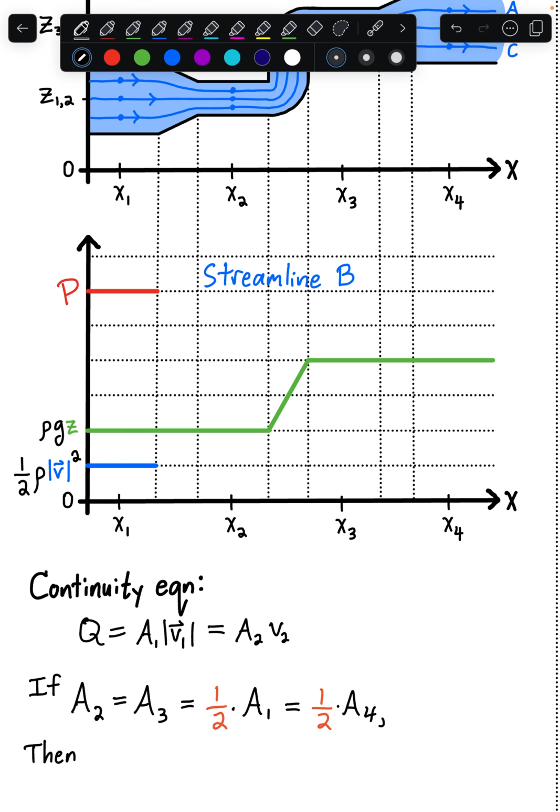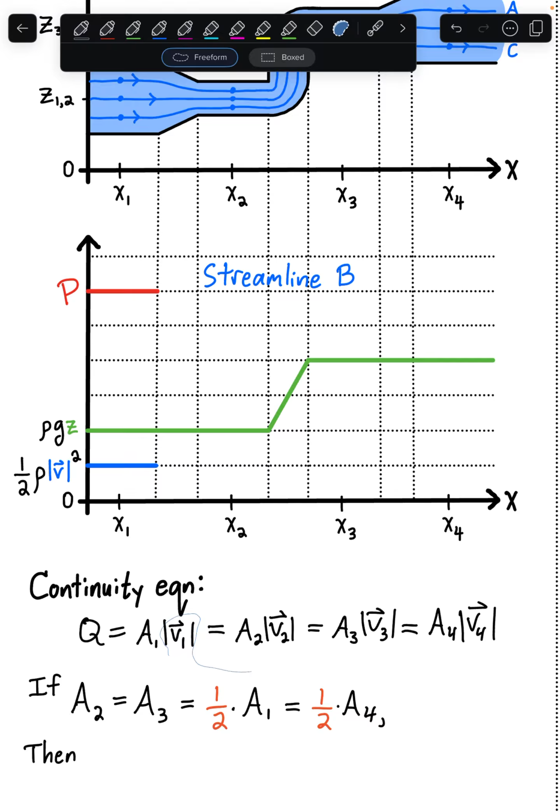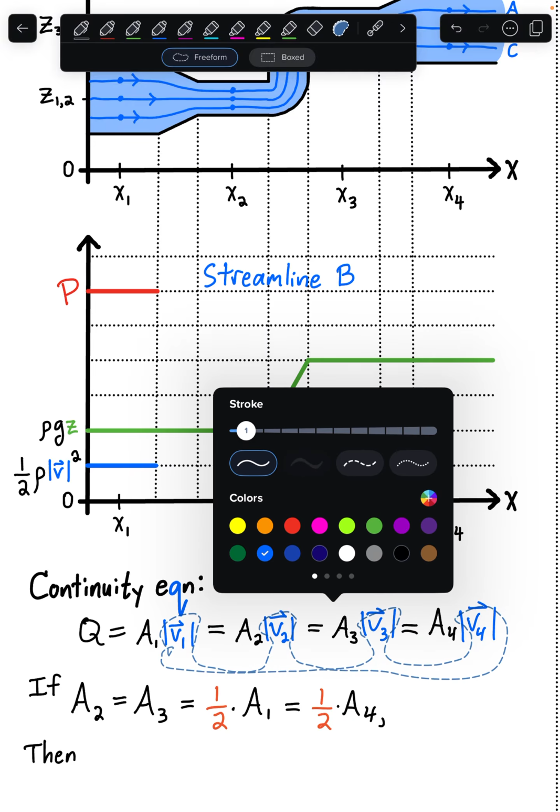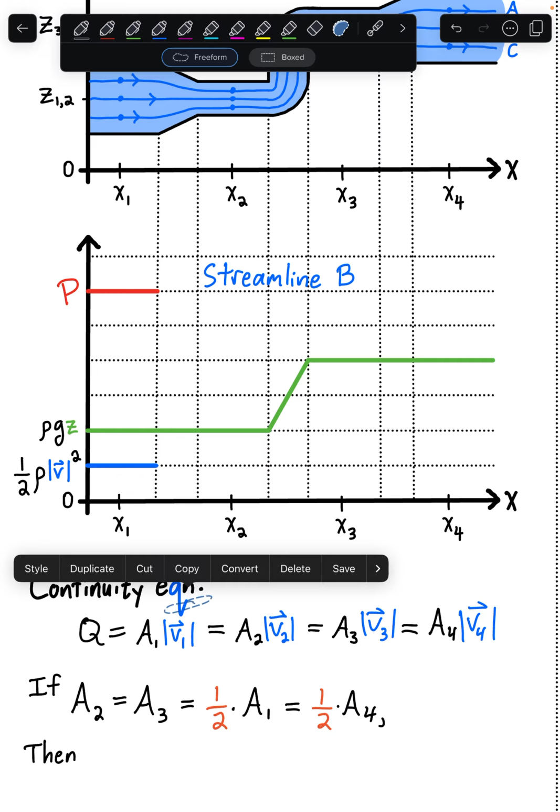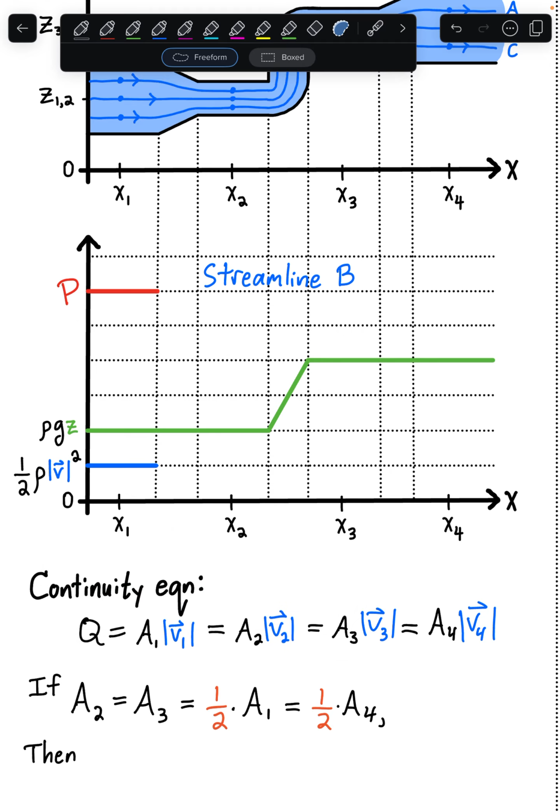So A1 V1 equals A2 V2 and A3 V3, etc. So when cross-sectional area decreases, the speed must increase, in order to maintain the same flow rate everywhere throughout the pipe so that water doesn't somehow build up somewhere.